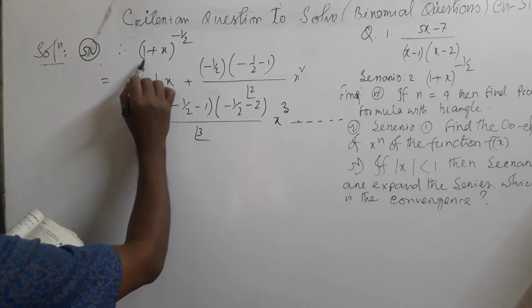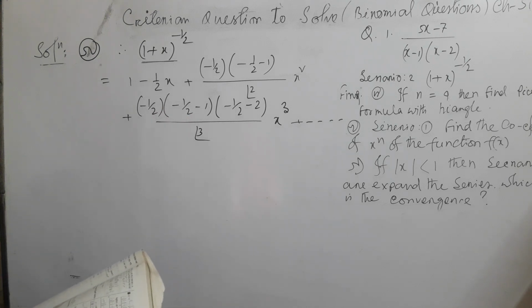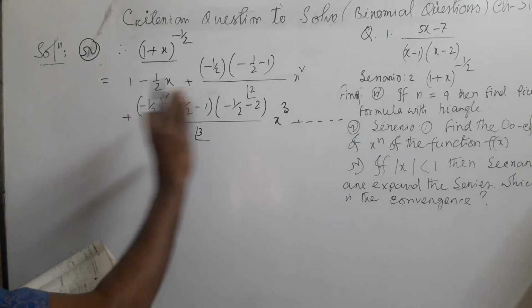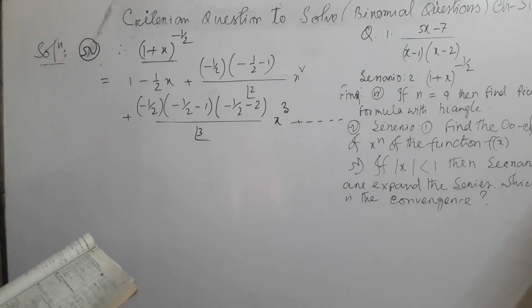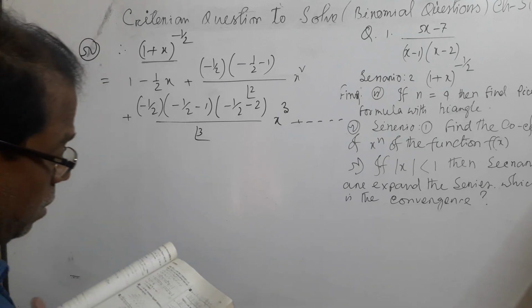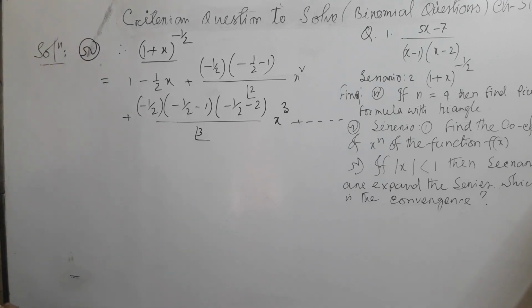So (1 plus x) to the power minus n is the binomial expansion formula, and this formula holds when modulus of x is less than 1.